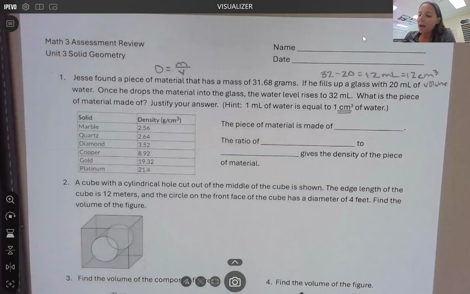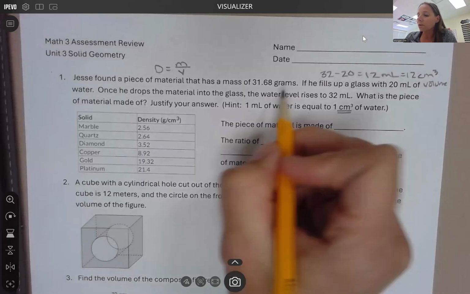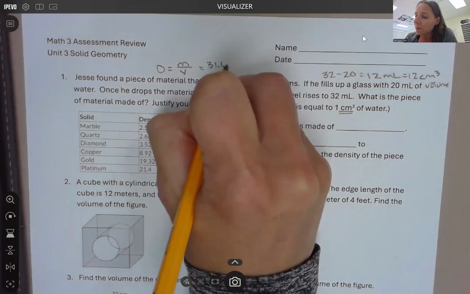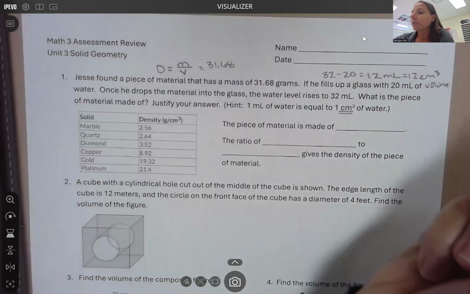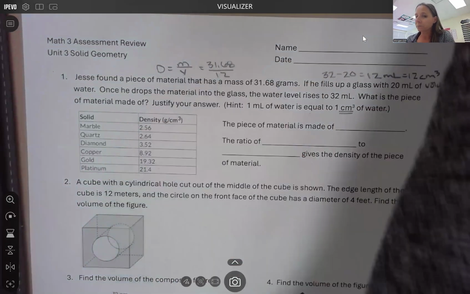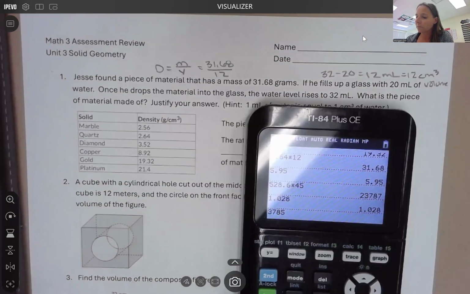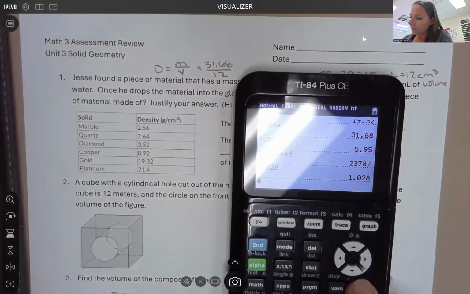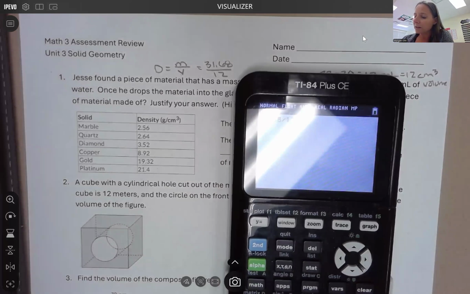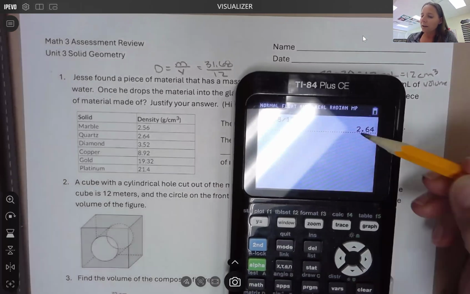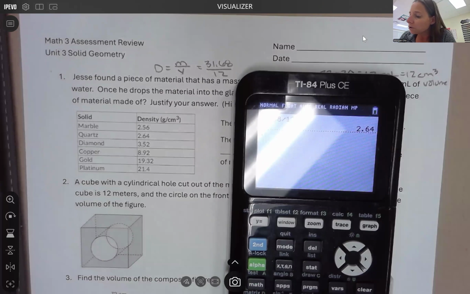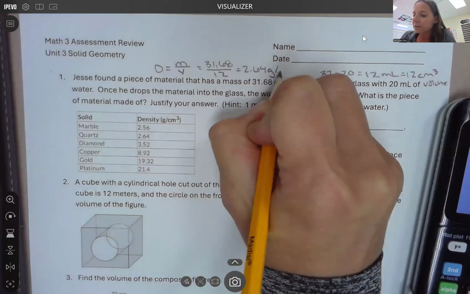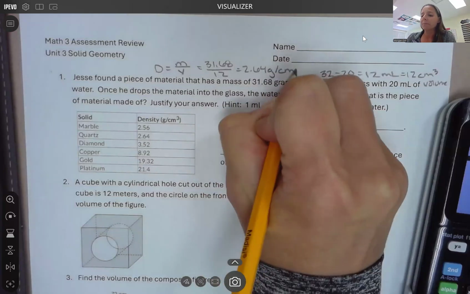All right, so now here's our mass. So mass over volume. The mass is 31.68 grams divided by 12. So we're going to take our calculator and clear it out. 31.68 divided by 12, and what do we get? We get 2.64. So the density is 2.64 grams per cubic centimeter, or you can say grams per milliliter.